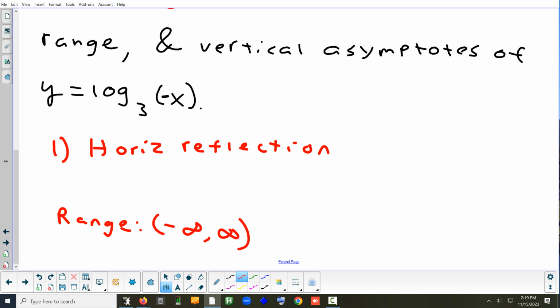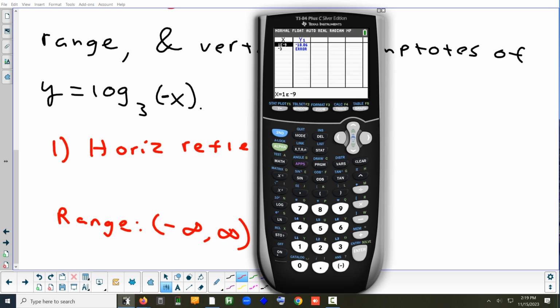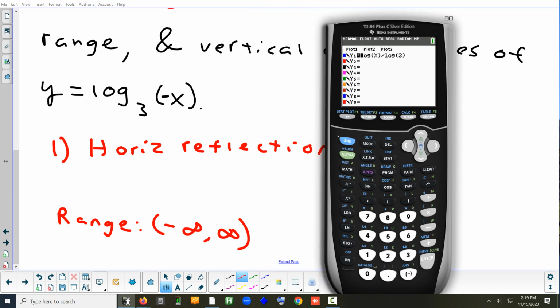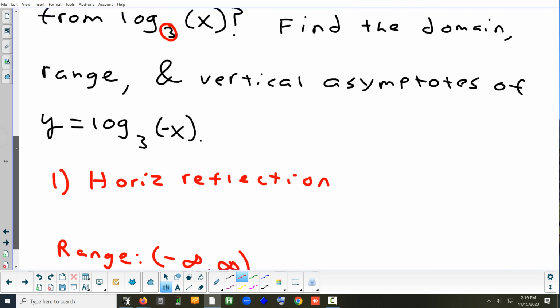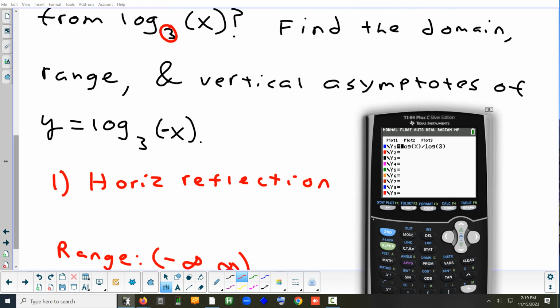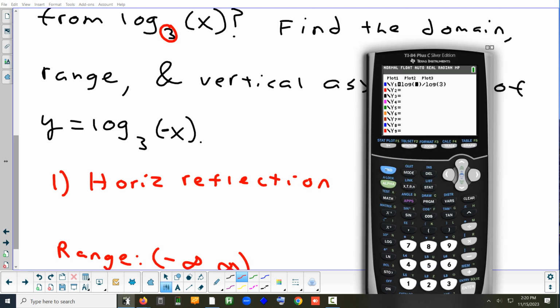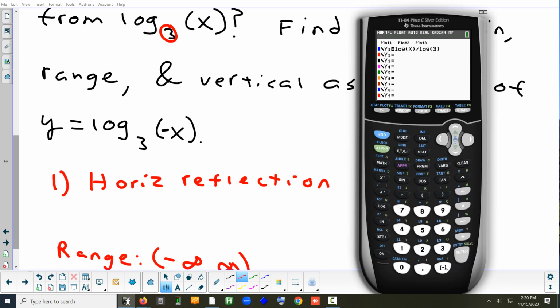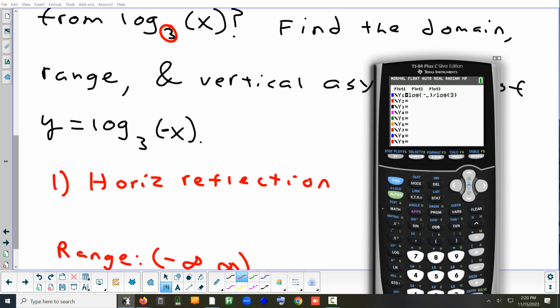So let's type it in. I think we pretty much already have it typed in. What's the only thing that I have to change from what I have in Y1 to type that in? You have to make the x negative. Just make the x negative. And remember what that negative is going to do.